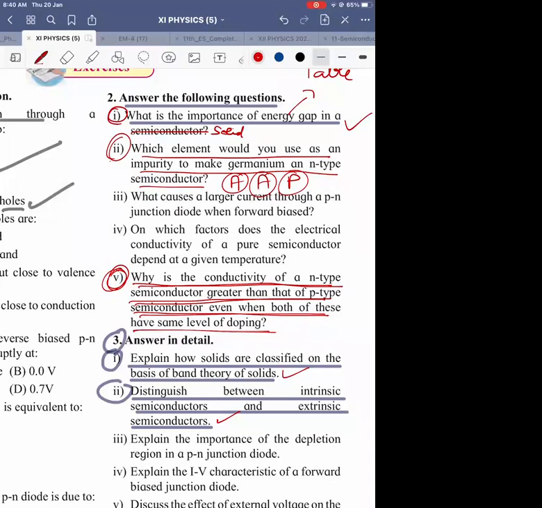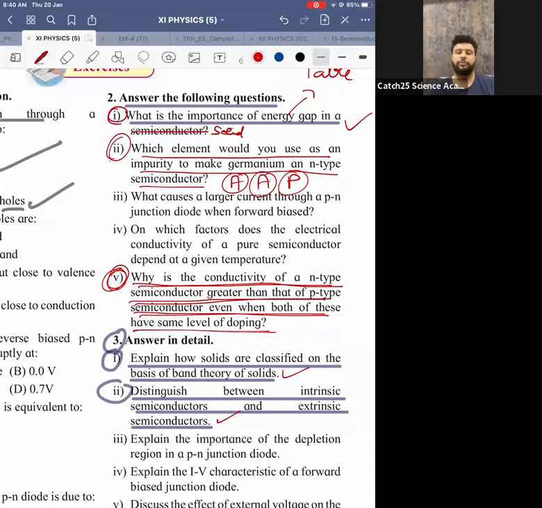Can you again repeat the answer of this question? Because mobility of electrons is more, or electrons have greater mobility. Both are correct. Right.